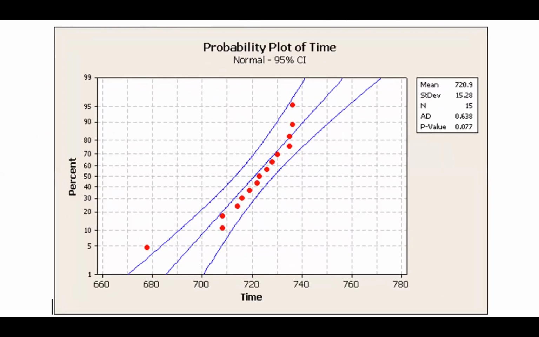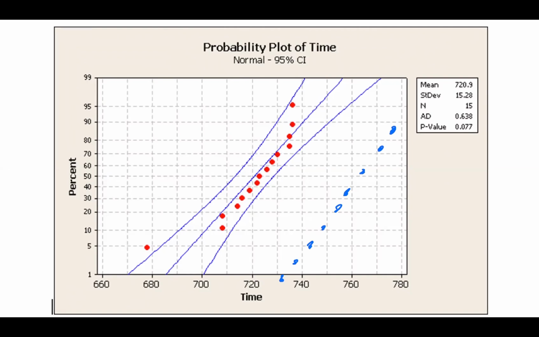When we're looking at a normality plot, we essentially want it to look like a linear line. Let me use something that's not red, so you won't get confused. We want something that looks like a line. When we do a normality plot or a probability plot, we want it to look like a straight line.